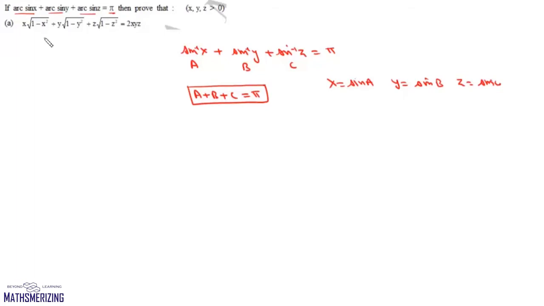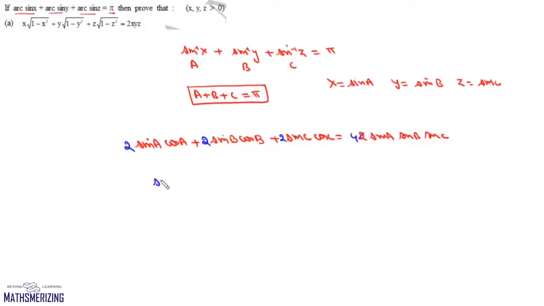Now we'll put the value of x, y and z, then we'll get sine a cos a plus sine b cos b plus sine c cos c, and it is 2 sine a sine b sine c. Now we'll multiply with 2 also, then we can write this as 2 sine a cos a, 2 sine b cos b, 2 sine c cos c, and here it will be 4.